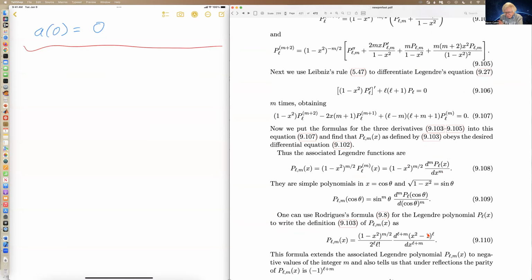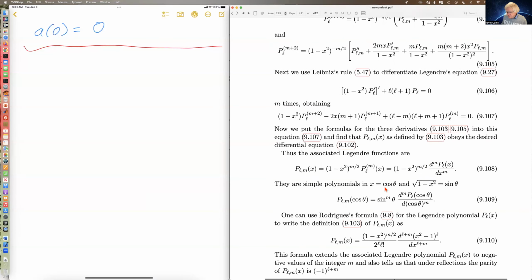So the bottom line is that the associated Legendre functions are the m over 2th power of 1 minus x squared times the mth derivative of the Legendre polynomial.